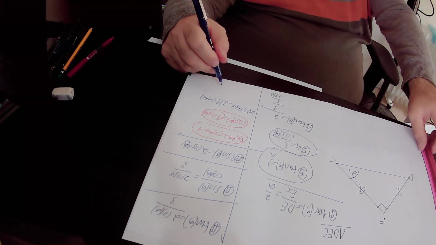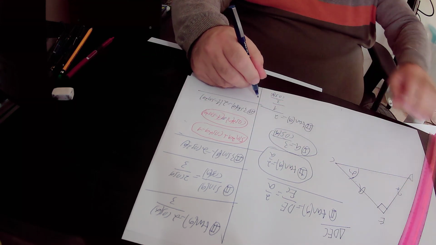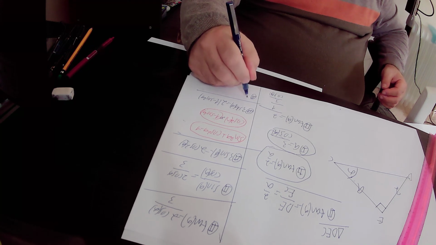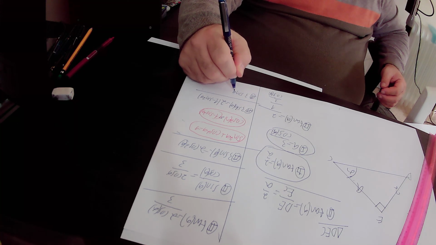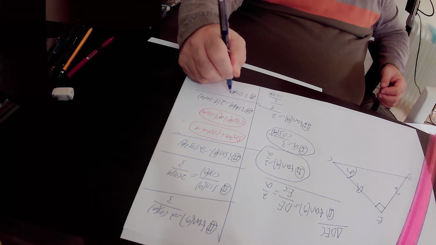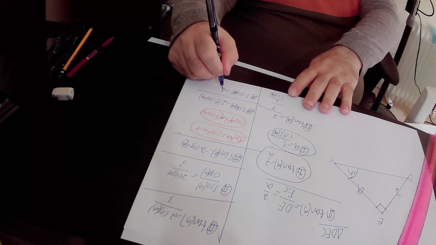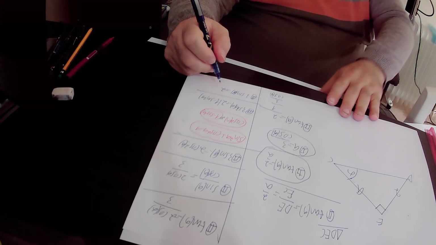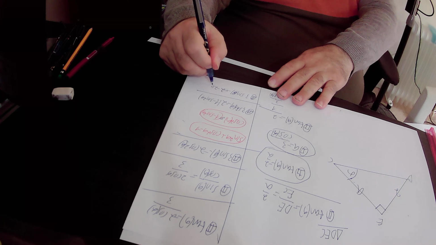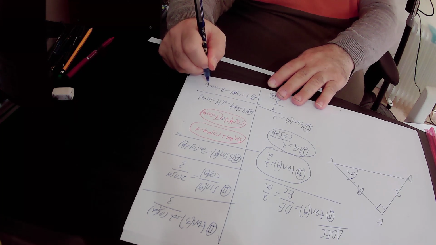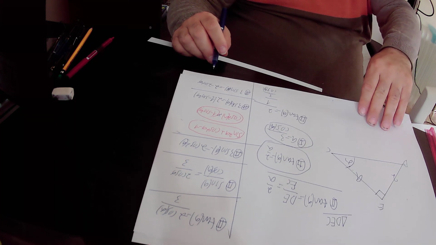Here we will open the brackets of this equation number 2, and we get that 3 sine alpha equals 2 times 1 is 2, and 2 times minus sine square alpha equals minus 2 times sine square alpha. We will add 2 times sine square alpha to this equation number 2.